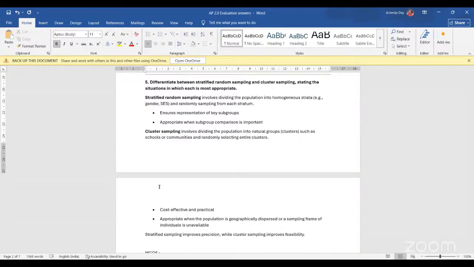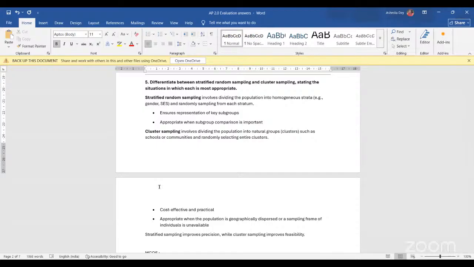Whereas cluster sampling is basically dividing the population into naturally occurring clusters, such as schools, communities, and then randomly selecting within the entire clusters. Both of them are cost effective and practical, appropriate when the population is geographically dispersed or a sampling frame of individuals is unavailable. So stratified sampling improves precision, whereas cluster sampling improves feasibility.